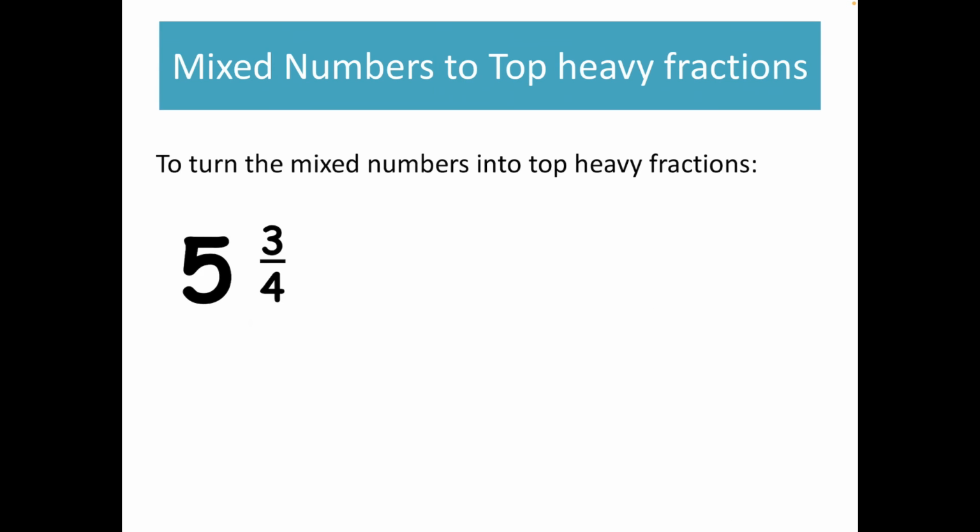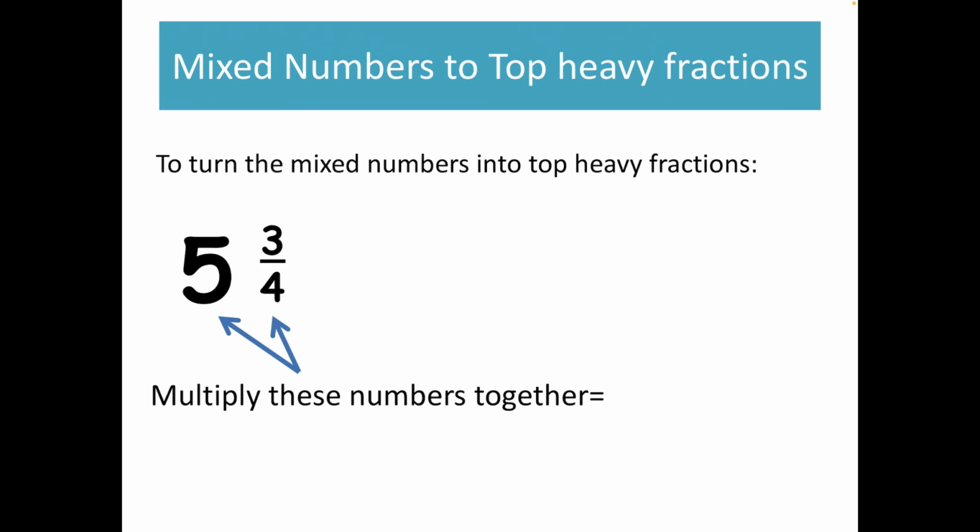Let's try it again. We have a mixed number of 5 3/4, and we want to change it into a top-heavy or improper fraction. First thing we do is multiply these two numbers together. That's the denominator and the whole number. 5 times 4 gives us 20.